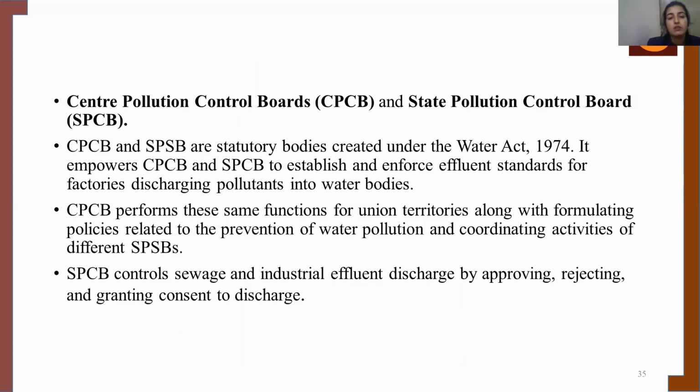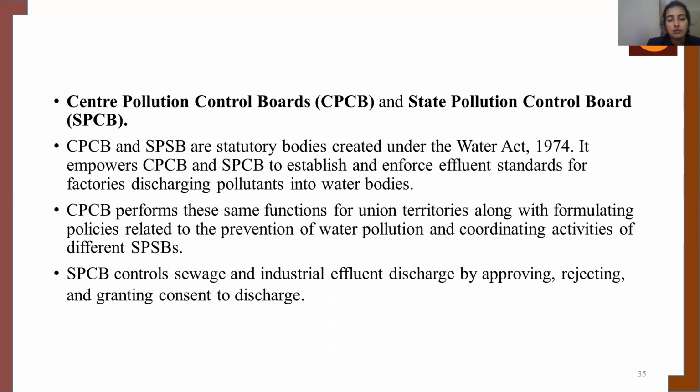The main governing bodies, or statutory bodies, of the Water Act are the Central Pollution Control Board and the State Pollution Control Board. These authorities have set certain standards for how much effluent can be discarded into water bodies by industries.